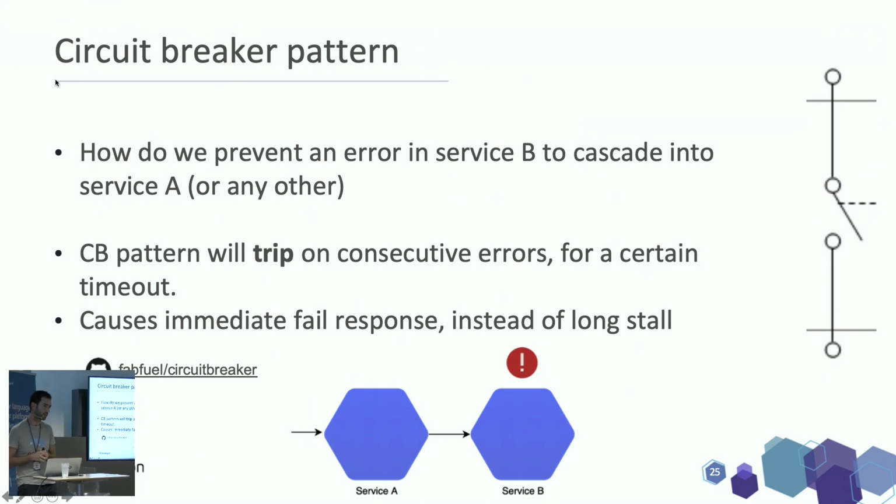For that use case, we have the circuit breaker pattern. This pattern allows us to set a tripping mechanism, just like in electrical design. Tripping means that I'm going to lose the connectivity between the two services, so it's going to trip out if we get a consecutive number of errors, and it's going to time out for a certain period of time.